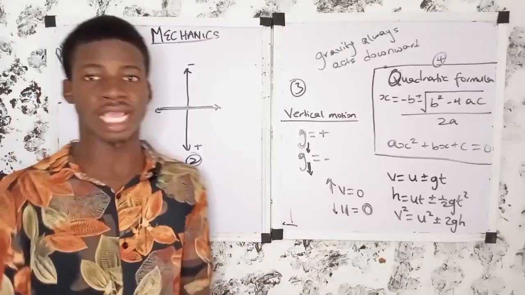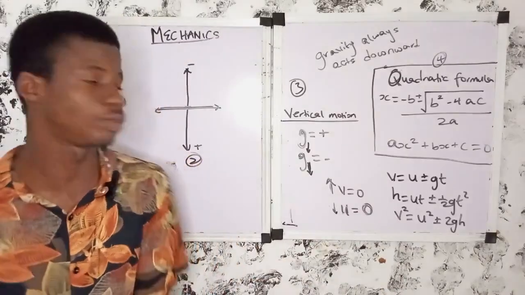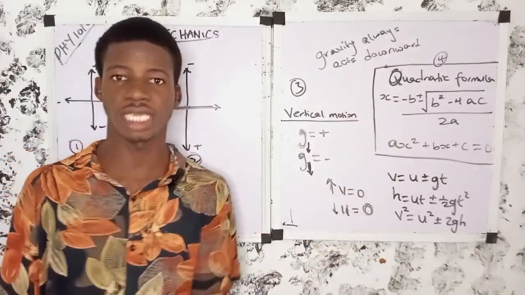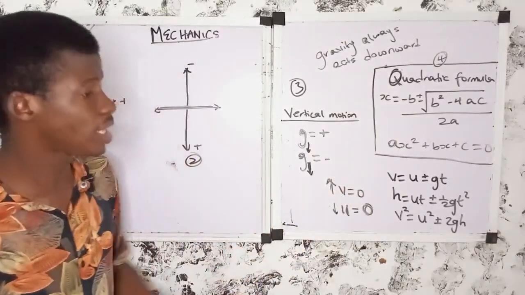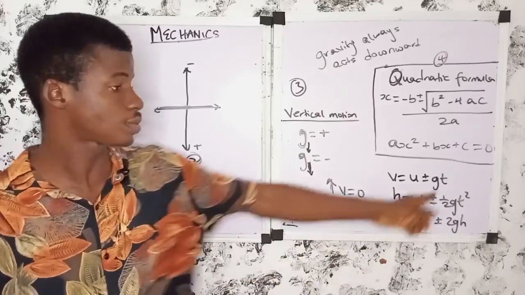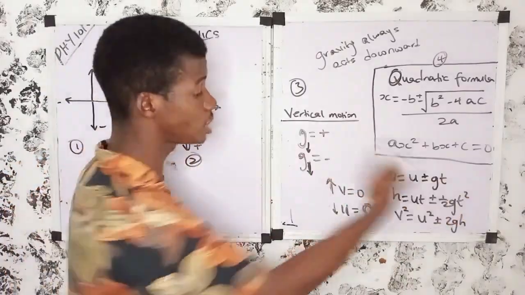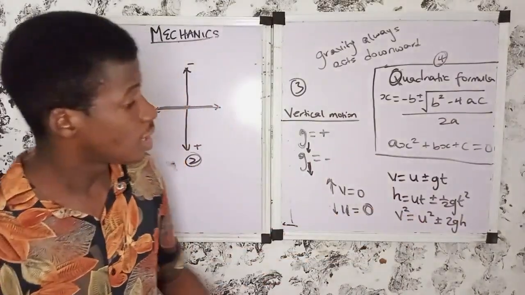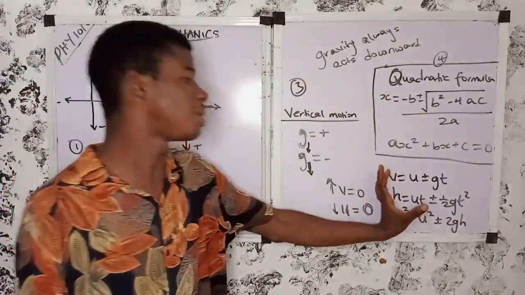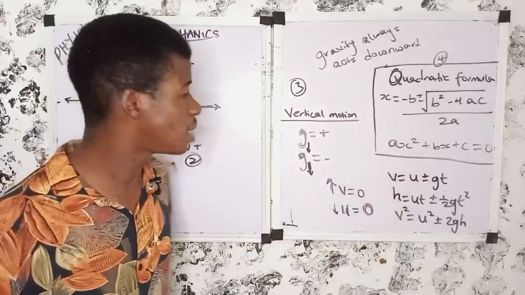It's just like the equations of linear motion: v equals u plus at, s equals ut plus half at squared, something like that. But in vertical motion, a turns to g, s turns to h. So this is all about the equations of vertical motion.